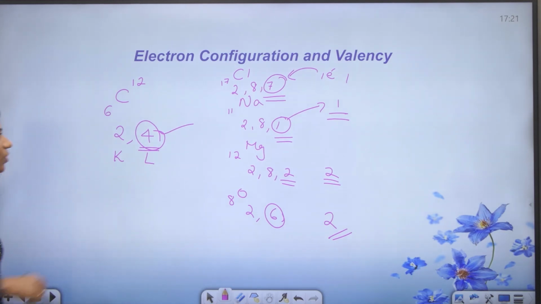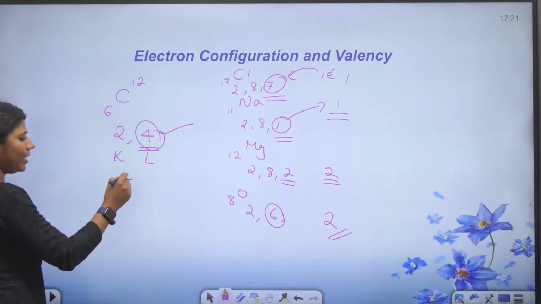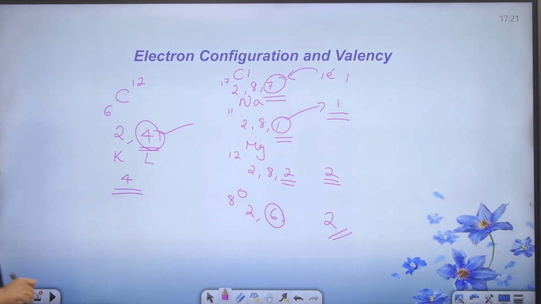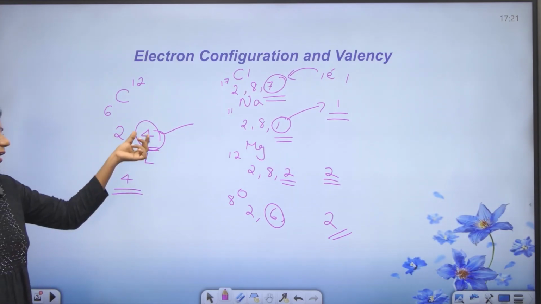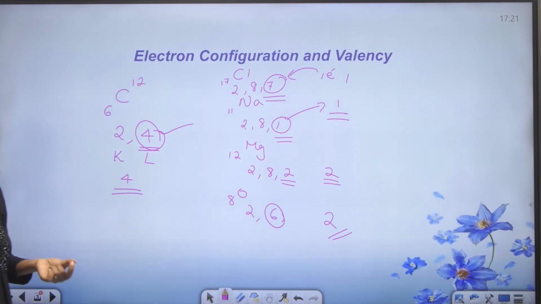So the valency of carbon atom is equal to valence electrons, that is 4. 2 electrons in the K shell and 4 electrons in the L shell. The L shell is the outermost shell or valence shell. Okay, is it clear?